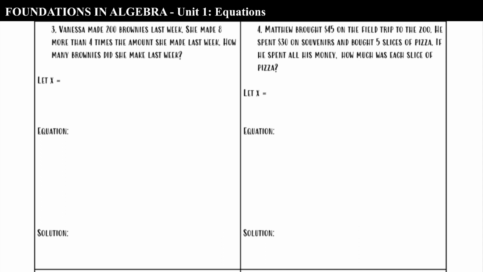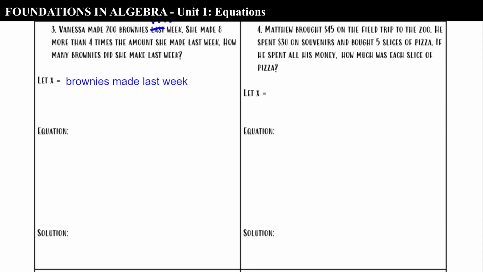So instead of last here, let's say she made 200 brownies this week. Okay, because our unknown is how many brownies she made last week. So we're going to put everything in context of that.